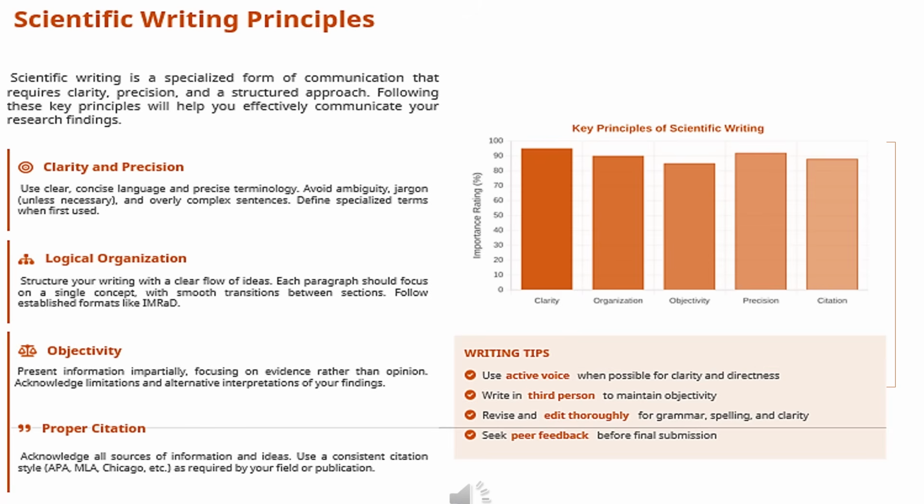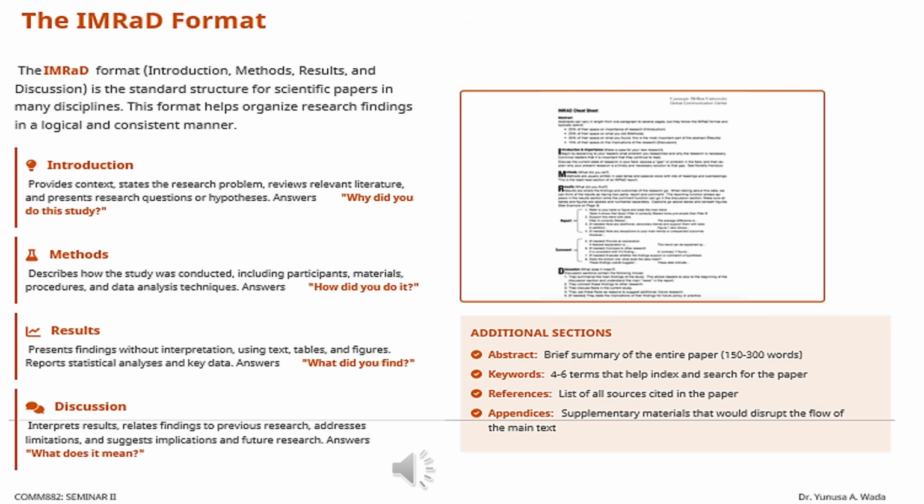And all this is just to ensure that your manuscript is of high quality, valid, and objective during the submission process. So now we look into the IMRAD format proper of scientific reporting.